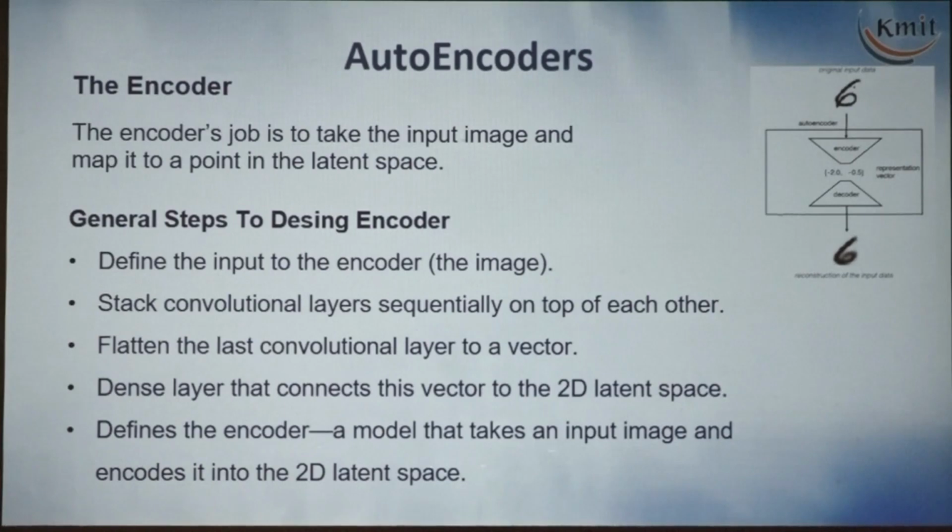If you want to work with the autoencoder, you should have the knowledge of how to build a CNN model. If you want to design the CNN model, you should know how to build the ANN model. Because of that reason, we have to start from ANN. This is a stepping stone, the first step in generative AI.